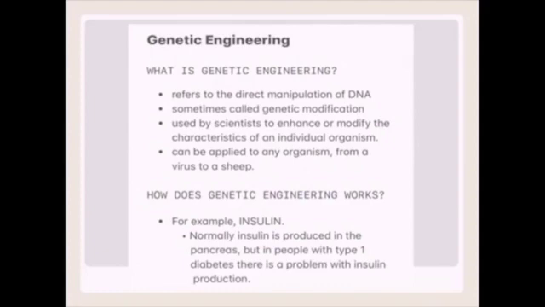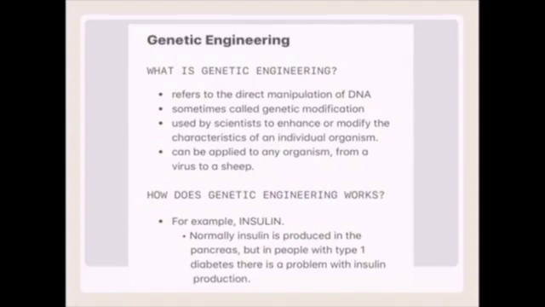Sometimes called genetic modification, it is the process of altering the DNA in an organism's genome. It may also mean extracting DNA from another organism's genome and combining it with the DNA of that individual. Genetic engineering is used by scientists to enhance or modify the characteristics of an individual organism.